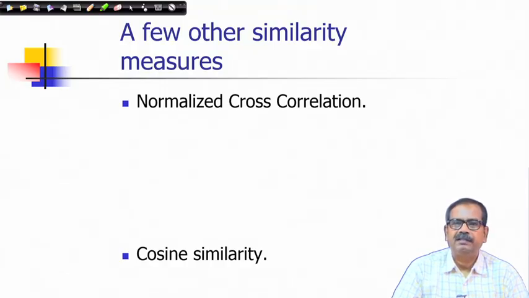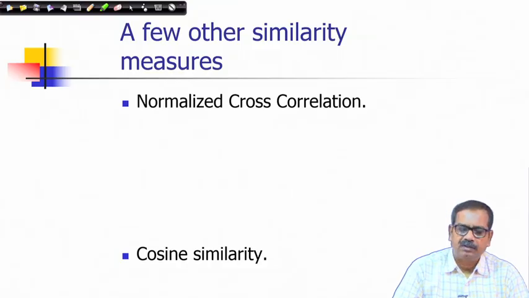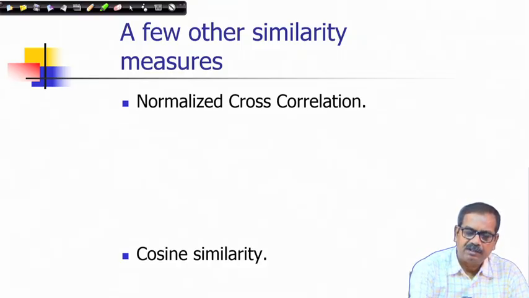Whereas for similarity it is just the inverse relationship: the higher the similarity value, the higher the chance that they are matching candidates. Two such similarity measures used here are the normalized cross correlation measure and cosine similarity. Let us consider their mathematical forms.